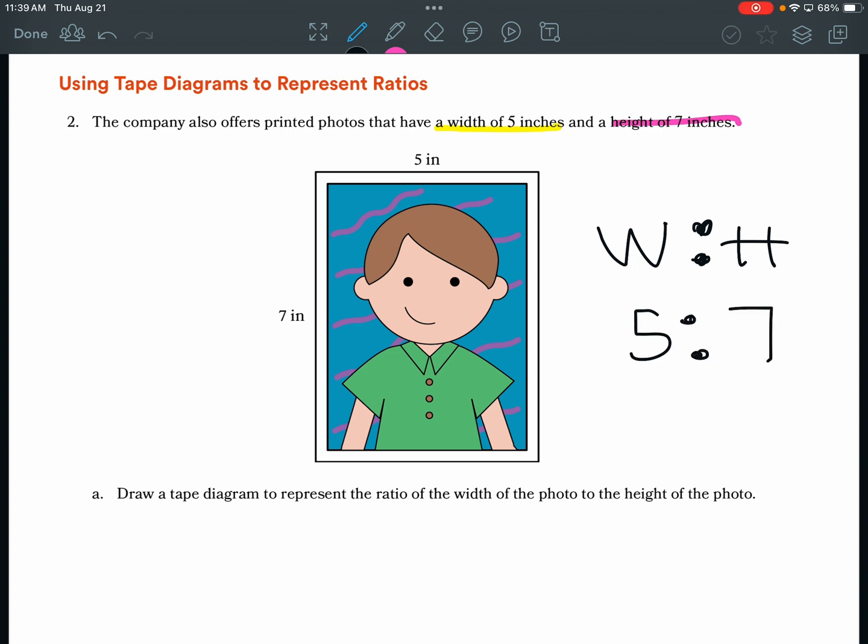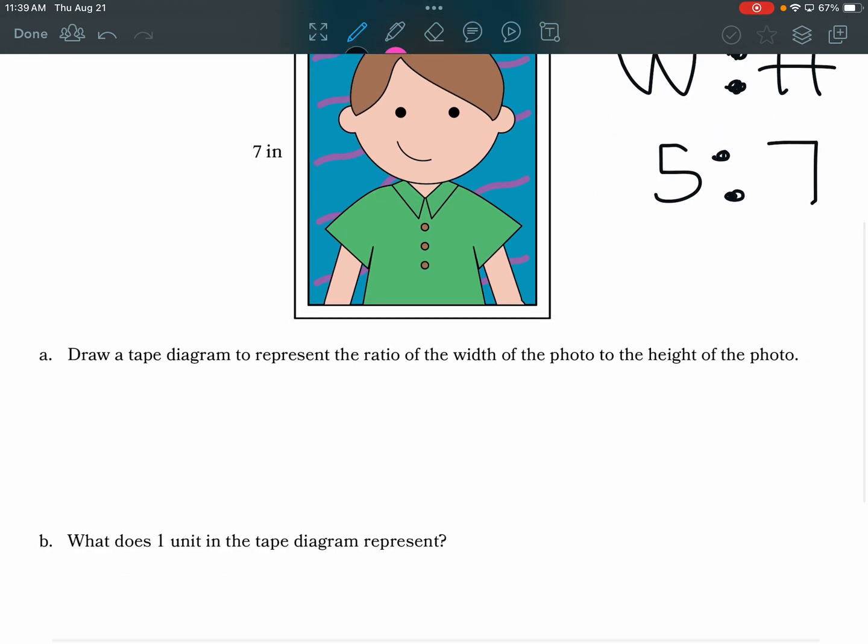All right, so tape diagrams. Remember, boxes are the same size. They're neat. It doesn't look like someone stepped on it and squished it. Same size. So if I have 5 and 7, the 5 on top and 5 on the bottom need to be the same size, and then there's going to be 2 more, right?